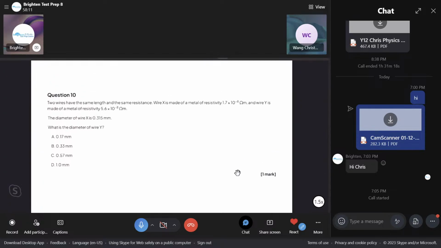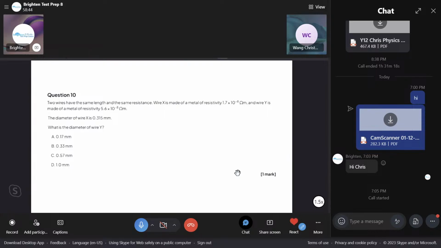Now, here we go, finally a bit into a different material. Same length, same resistance.